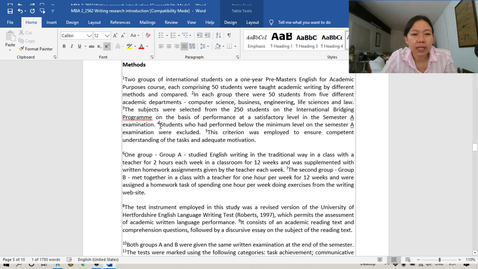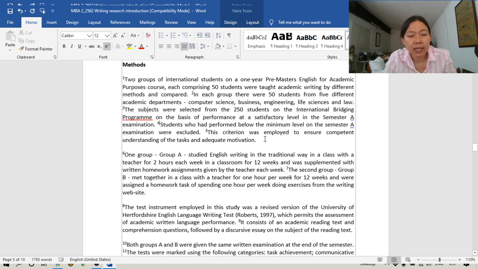And the next sentence, students who had performed below the minimum level on the Semester A examination were excluded. So here, the fourth sentence is talking about the students who are not selected. So here we're still talking about sampling technique. We talk about students that we select and students that we did not select.